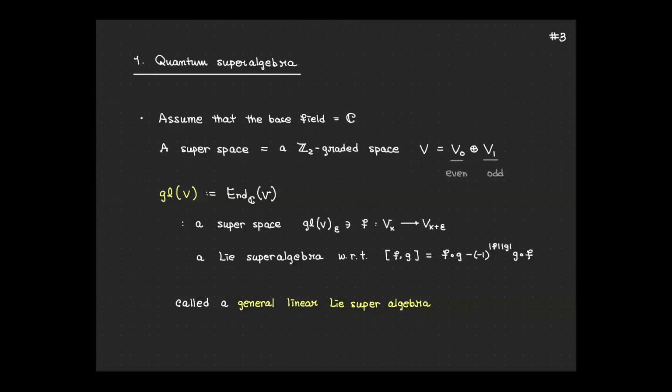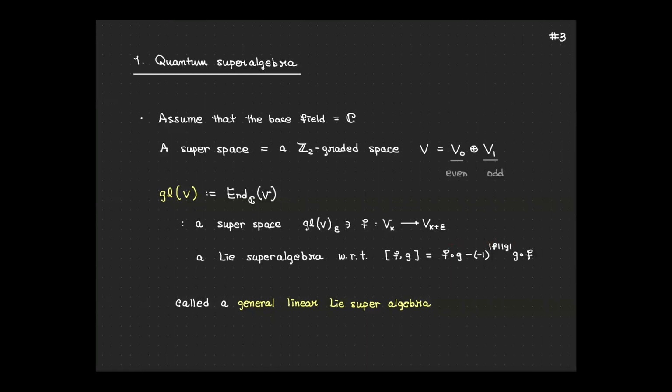Okay. So it becomes a superspace, and then we want to give a Lie superalgebra structure by using the supercommutator. So the usual commutator is fg minus gf, but now we twist by a sign depending on the parity of the homogeneous map. Okay. Then with respect to this supercommutator, gl(V) becomes a Lie superalgebra.